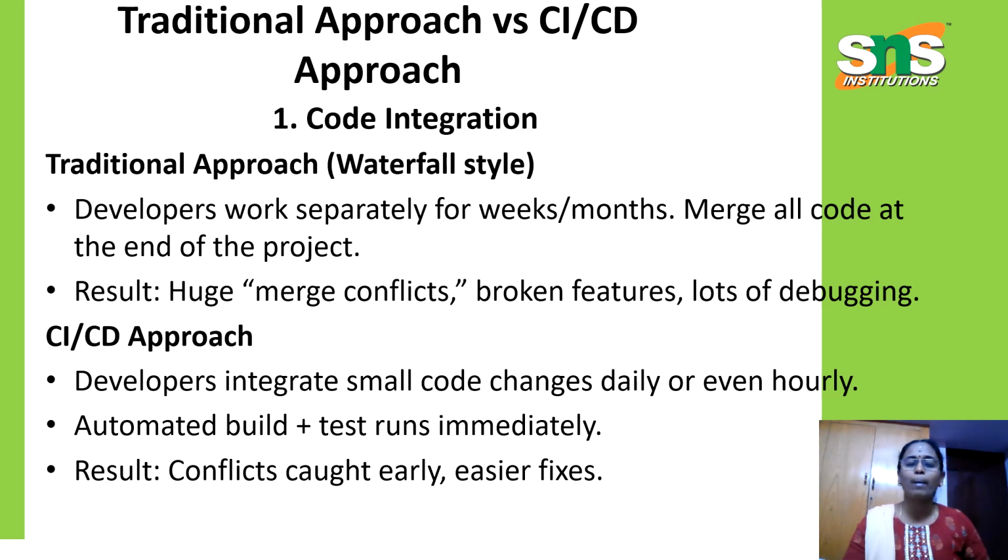This is a modern approach, whereas the traditional approach is not like that. After completing all of the development, only then do they undergo testing. So immediate remedy is not provided in the traditional approach, whereas it is done with CI/CD, the modern approach.